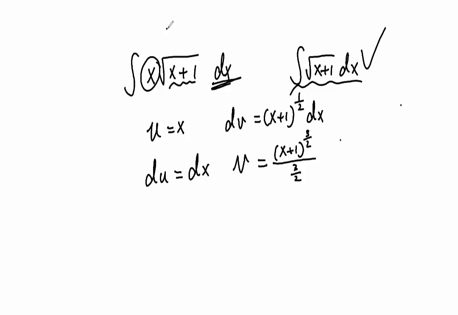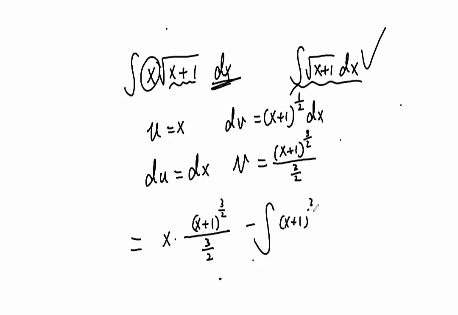So now I'm going to apply our formula. Our formula is u times v, so that's going to be x times, I'm just going to copy this, x plus 1 to the 3 over 2, subtract the integral of v, which is the same, x plus 1 to the 3 over 2, times du, which is dx. I just copy it.